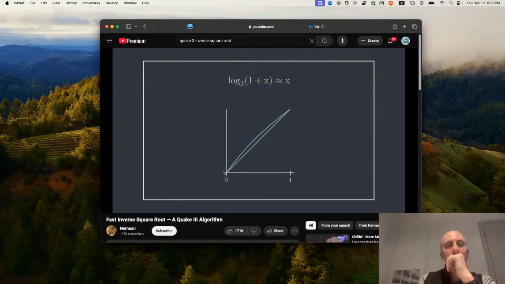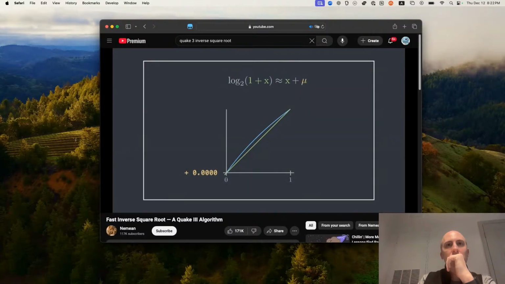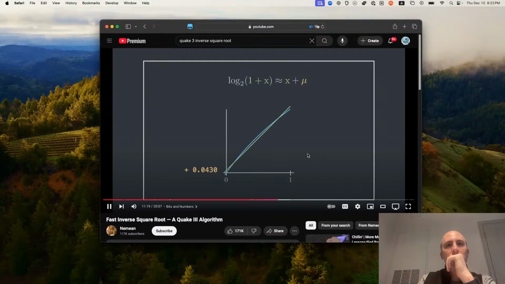But we'll add an additional term, mu. This correction term can be chosen freely. Again, with mu equal to 0, this approximation is correct at 0 and 1. But it turns out that setting mu to this number gives the smallest error on average for numbers between 0 and 1.